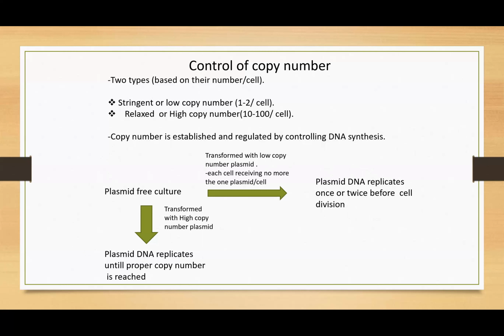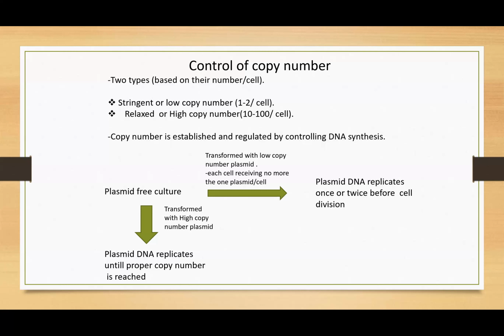So a simple experiment like this gave an idea that the host cell has nothing to do with maintaining the copy number, but it is the plasmid itself which decides how many copies it is going to produce.